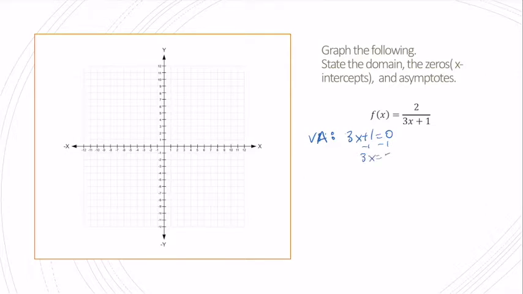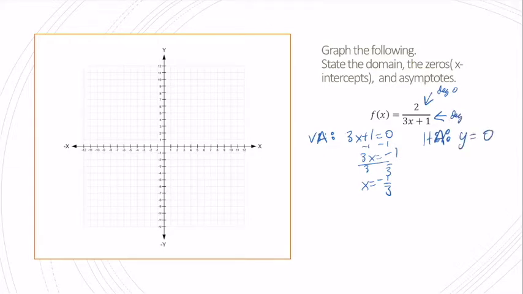I divide both sides by 3, so I get x equals negative 1/3. I then see for my horizontal asymptote that my numerator is of lesser degree than my denominator, which means I'll have a horizontal asymptote at y equals 0. So I like to go ahead and graph my asymptotes.